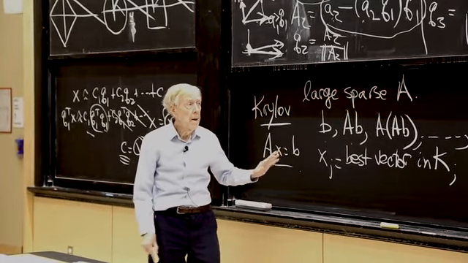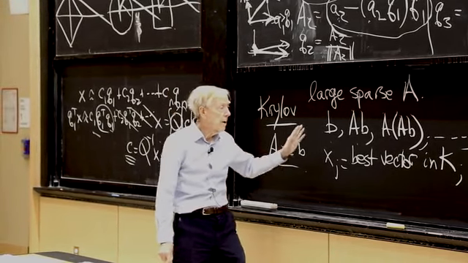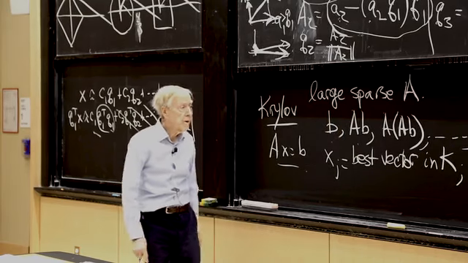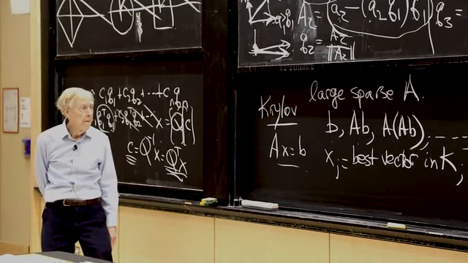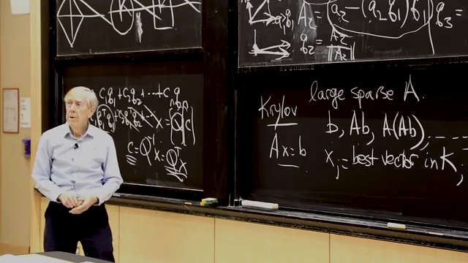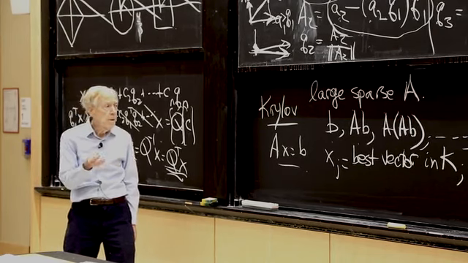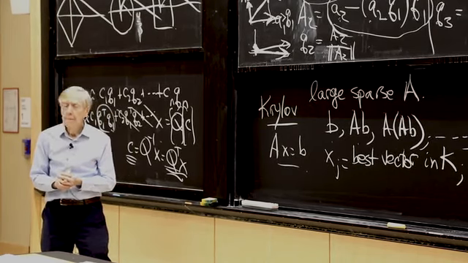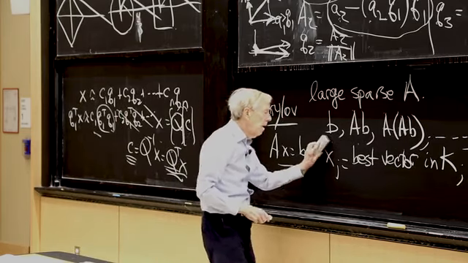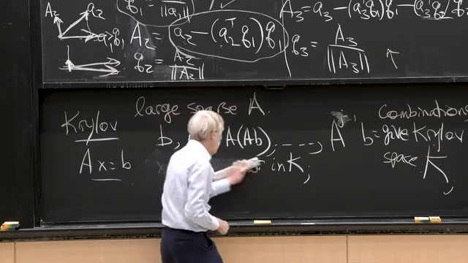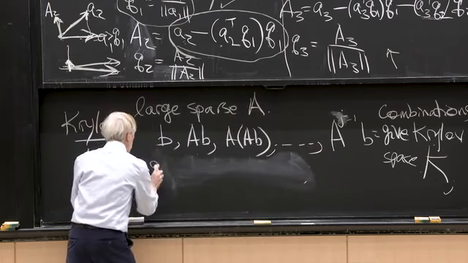That's the reason for Arnoldi and Lanczos being famous: they figured out a good way to orthogonalize that basis. Do we want to see what they did? Well, how do you do it? This is our not good basis, and then our good basis is going to be the Q's.